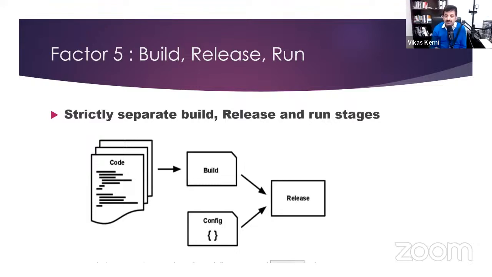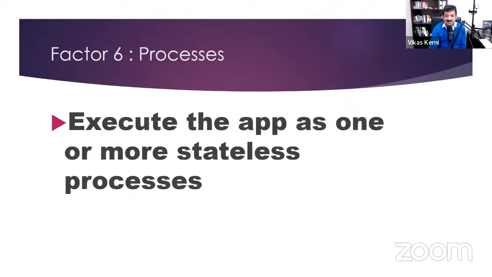And once this process is done, you should never make changes in production. Have you guys seen sometimes there were changes that were never checked into the repository? So this one is straightforward.